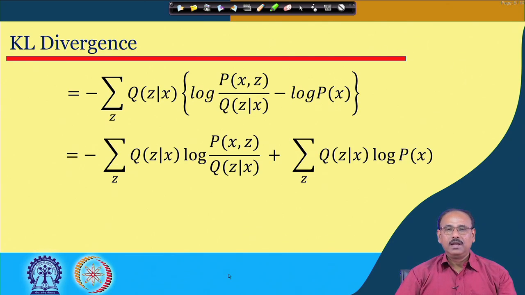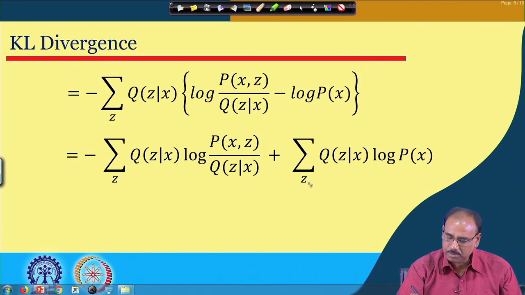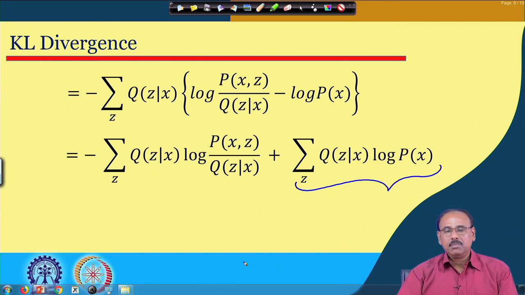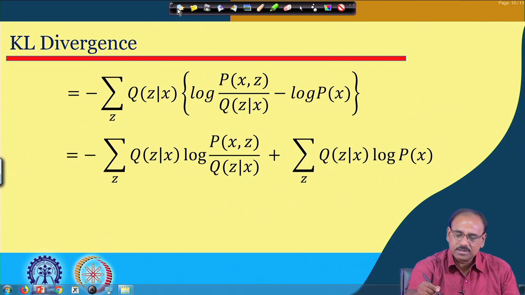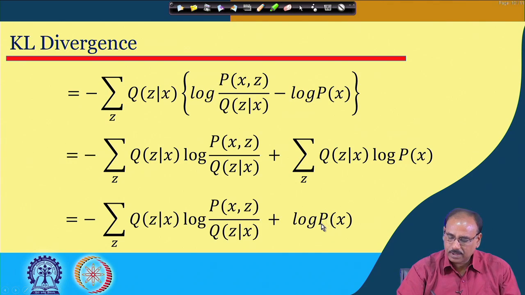You go on simplifying, it becomes minus the sum of Q of Z given X into log of P of X, Z upon Q of Z given X, plus the sum of Q of Z given X into log of P of X, summation over Z. Now, the second component of this expression is nothing but the expectation value of log P of X with respect to Q of Z given X, and the summation is taken over Z, and P of X is independent of Z. So, I can take P of X out.